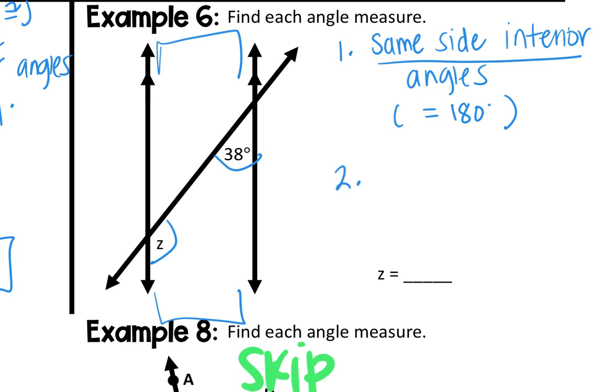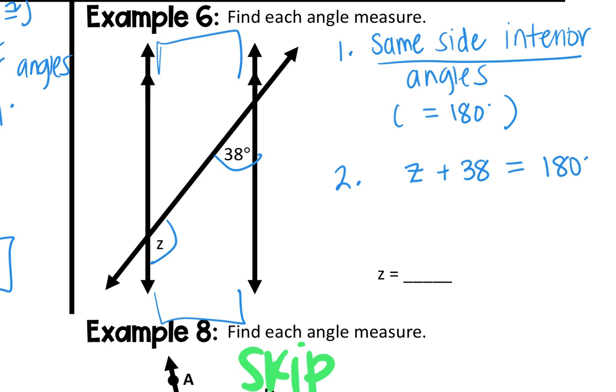I know that angle Z plus angle 38 should equal 180 degrees. That's how I set up my equation: add each one together and put them equal to 180 if they are same side.